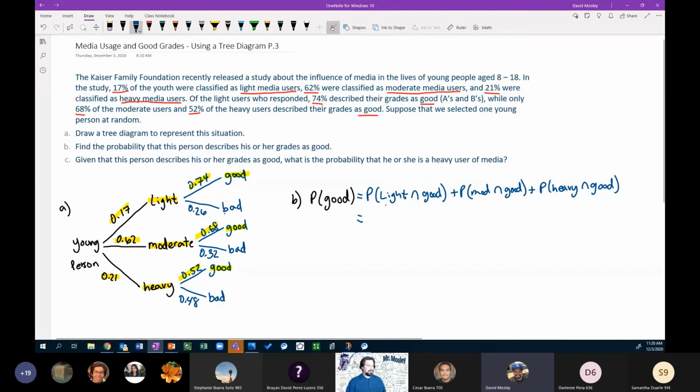So we have probability of light and good is 0.17 times 0.74, plus probability of moderate and good is 0.62 times 0.68, plus heavy and good is 0.21 times 0.52.